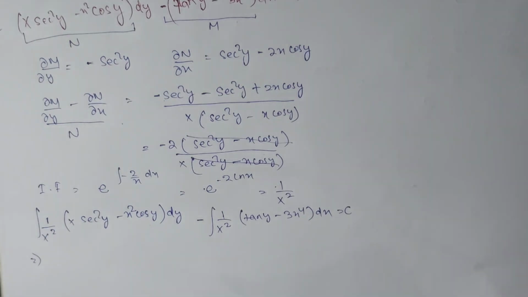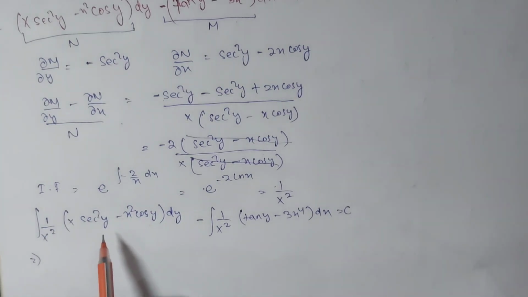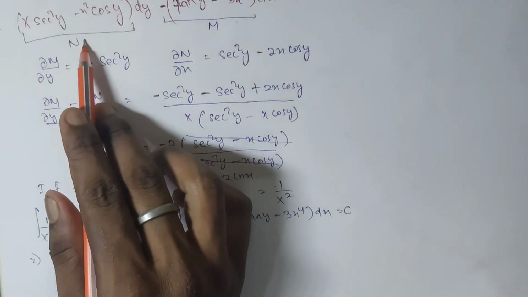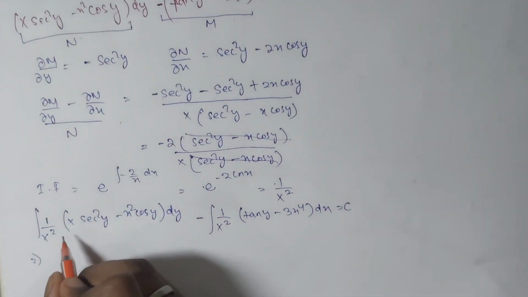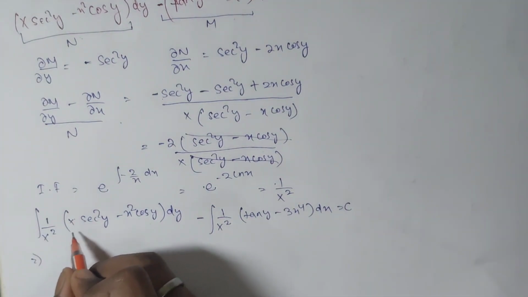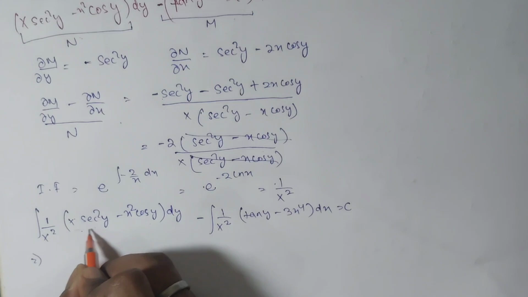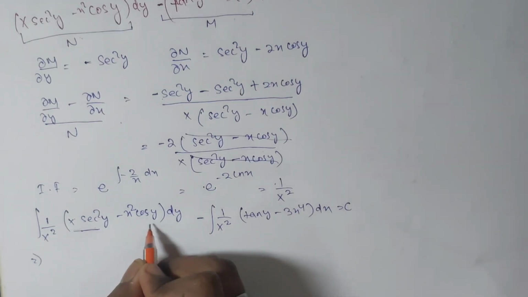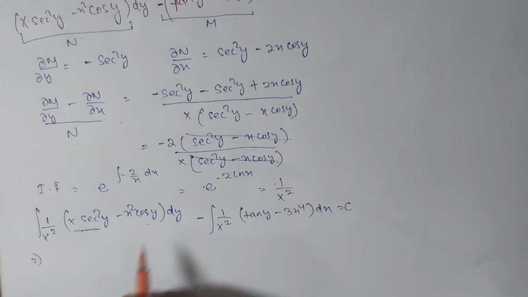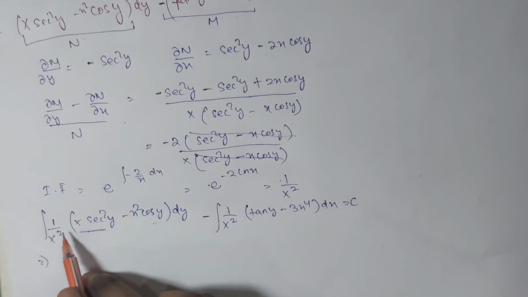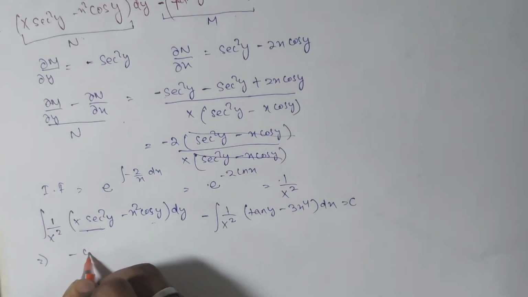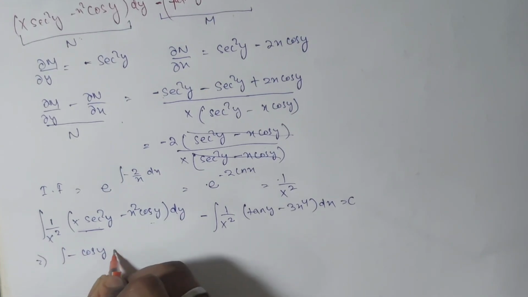If we integrate, then we can see that all the x-containing terms in N integrate to 0. Here there is a 1 by x term, so this integration becomes 0, and only the term which contains only y remains, so it becomes minus cos y, integration of dy.